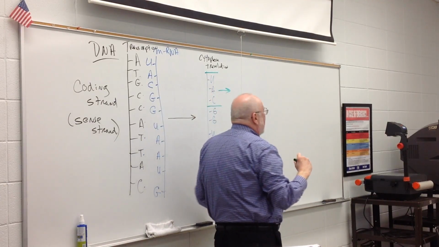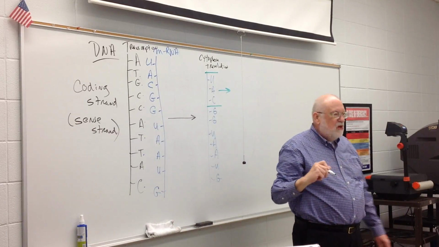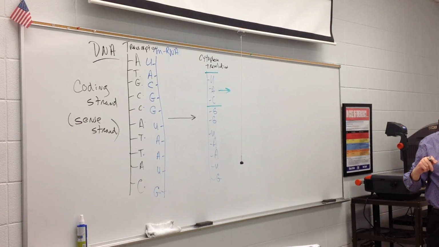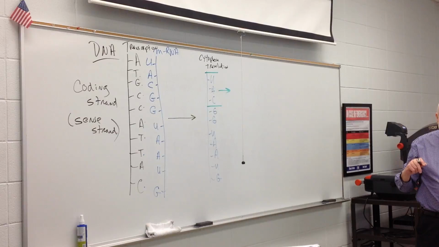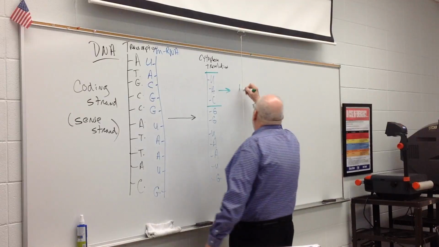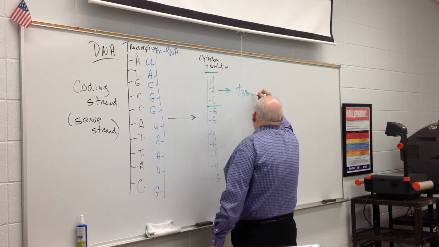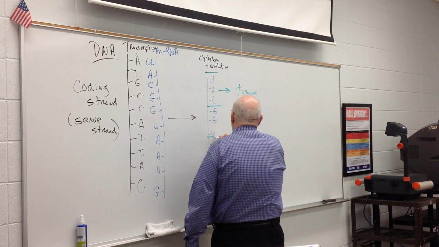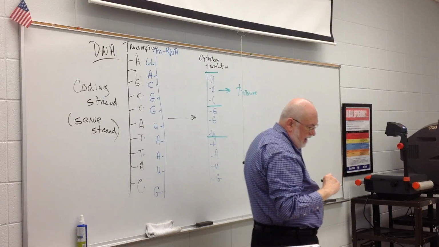Now, what amino acid would UAC translate into? Tyrosine. Okay, there it is. Now, next codon, GGU, what would that give us?